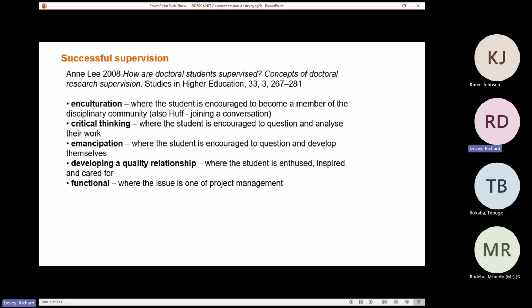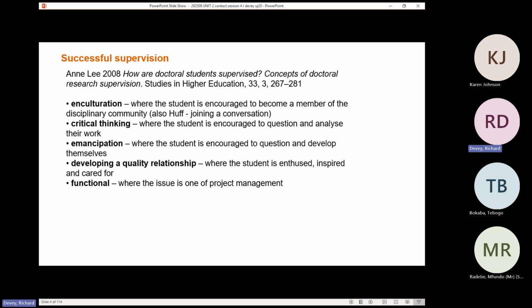As a supervisor, we play a role in all of these different areas to a larger or a smaller degree. A lot will depend on the student and how much time they spend interacting with a supervisor.